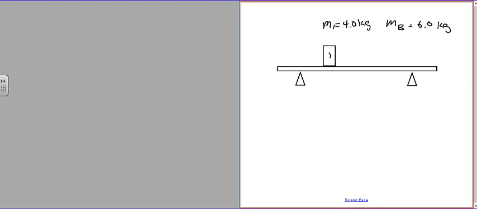Okay, so let's put some dimensions on here. From the end to the first support, we'll say it's something. From the first support to the middle of the mass, we'll give a distance. Let's do the distance between the supports, so that's going to be some number.